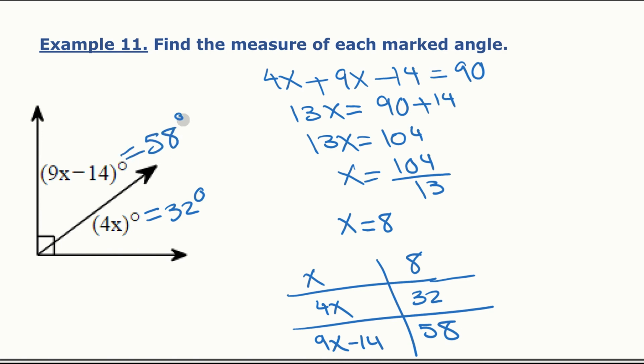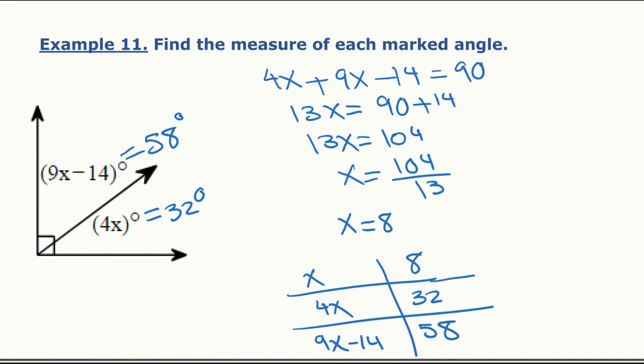You always want to do a quick common sense check. Notice that these two should add up to 90. Do they? Well, let's see. That's 80 and that's 10. So yes, they add up to 90. So that's the least amount of checking that you should do for something like this.